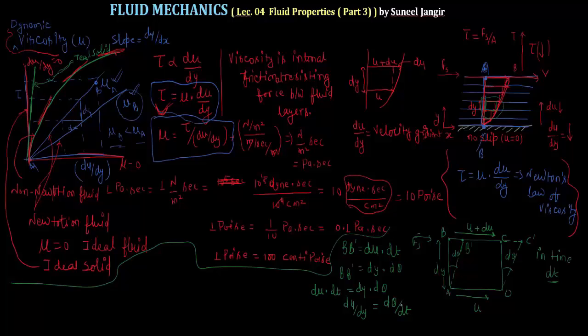Now, as we know Newton's law of viscosity, tau equals mu du upon dy. I can replace du upon dy by d theta upon dt, so tau equals mu du upon dy, which is also equal to mu d theta upon dt.